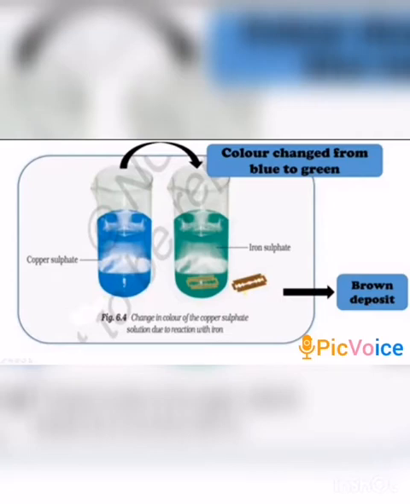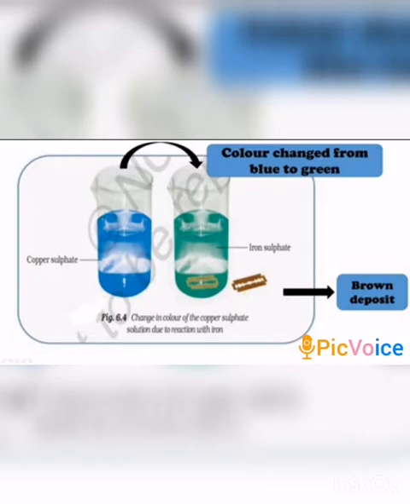Then what is the color of the blade which was taken out from the solution? Has it changed in any way? Yes, it's also changed. The color of that blade also changed. The changes that you notice are due to the reaction between copper sulfate and iron.